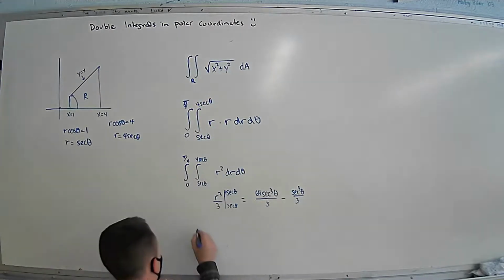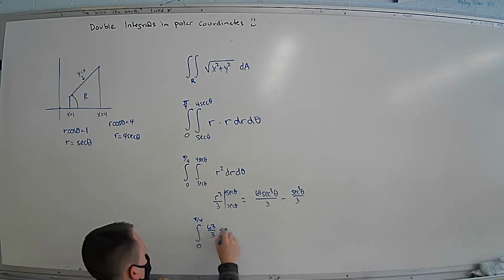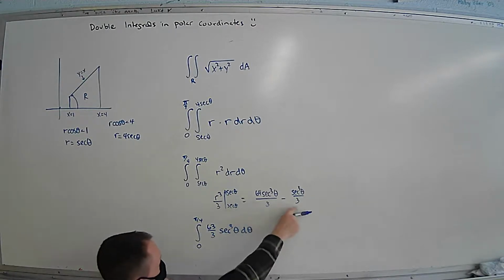So this ends up being the integral from 0 to pi over 4 of 63 over 3 secant cubed theta d theta, because that's 64 thirds minus 1/3.